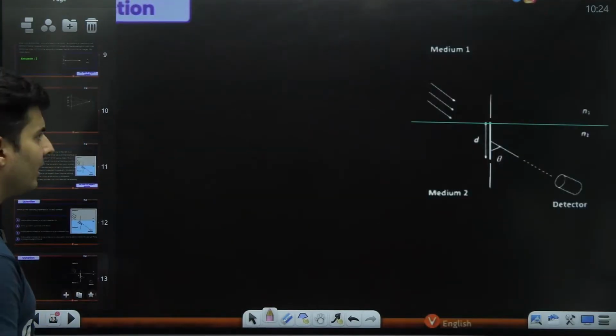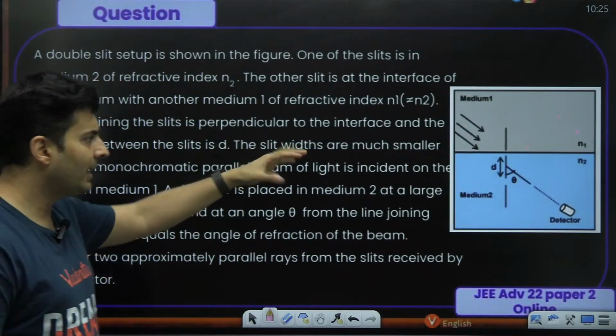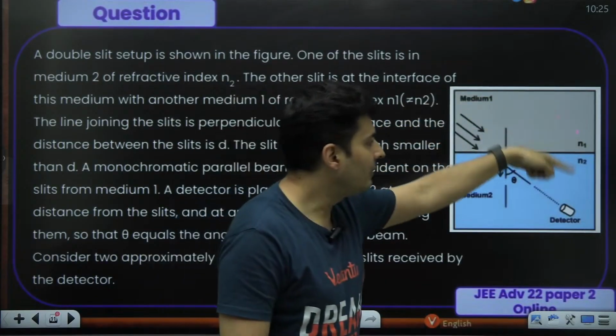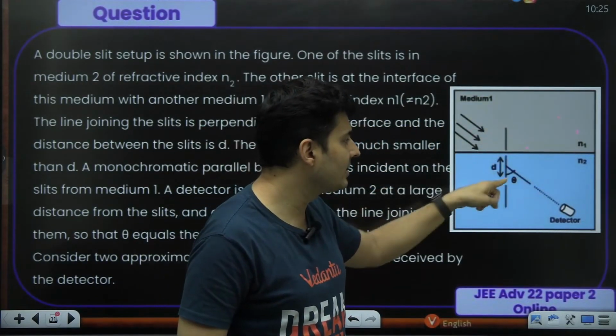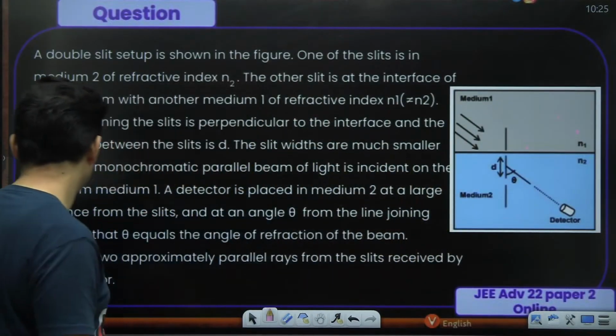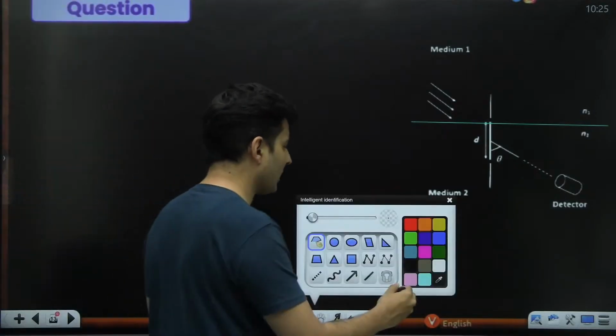All right, so the diagram is there. We'll play with only the diagram. Just keep in mind, consider two parallel beams of light rays. Number one, N1 and N2 are different. That is the second condition in your head. Third condition in your head, this theta after refraction is the angle of refraction. So let me consider two rays now.